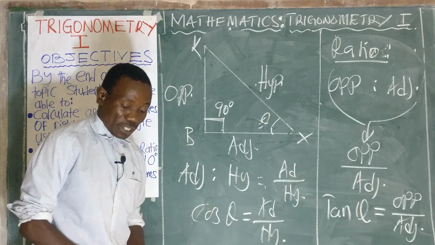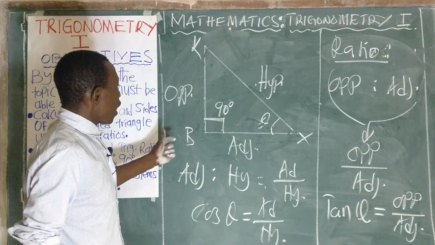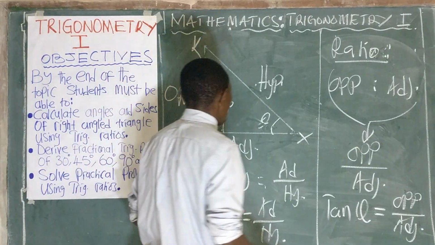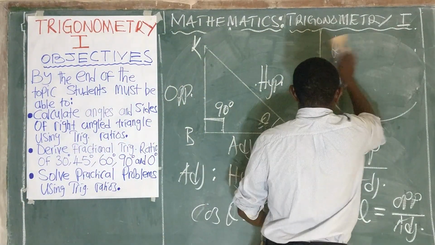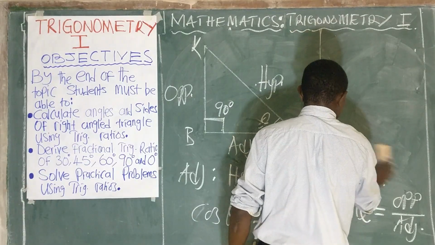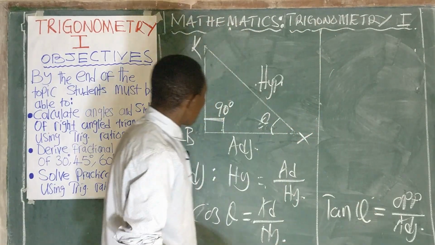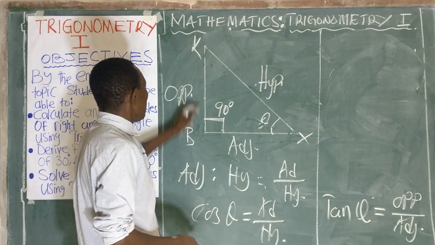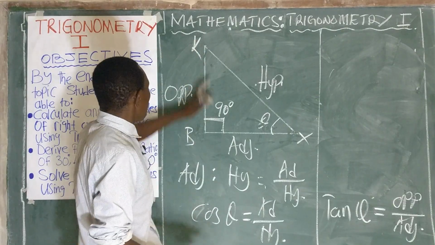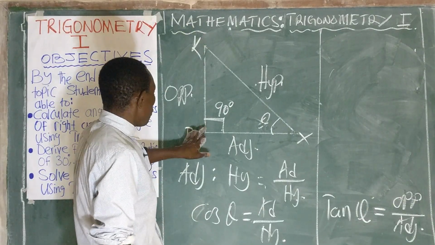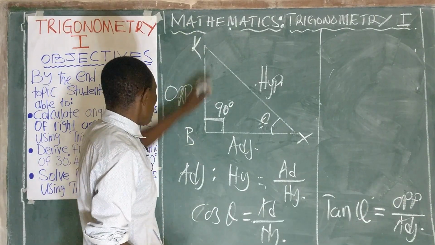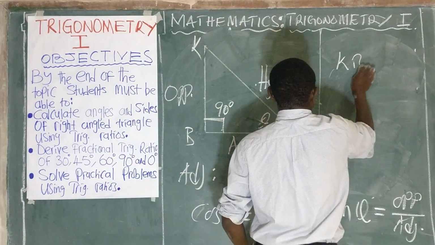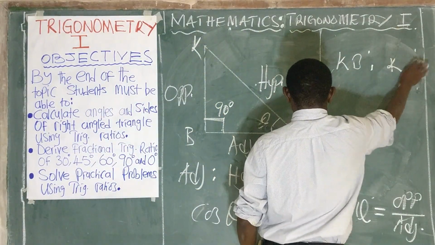Master this one accurately. Lastly, the last ratio that we need to know here is the ratio about the sine. This ratio of the sine considers the relation between the side which is the opposite, in this case, talk of KB, to what? To KX.